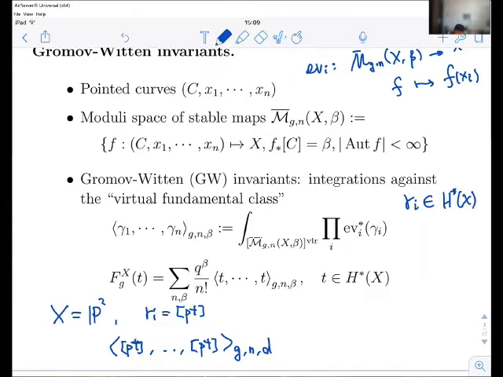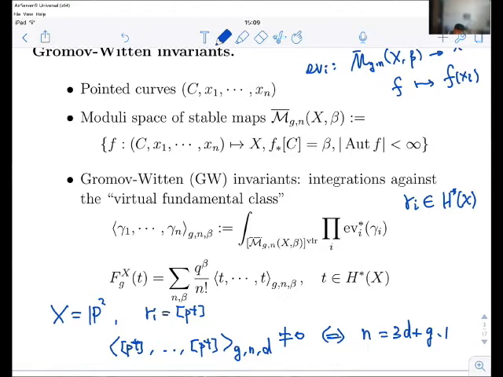For dimensional reasons, we can simply compute that this number is non-zero unless n is equal to 3d plus g minus 1.